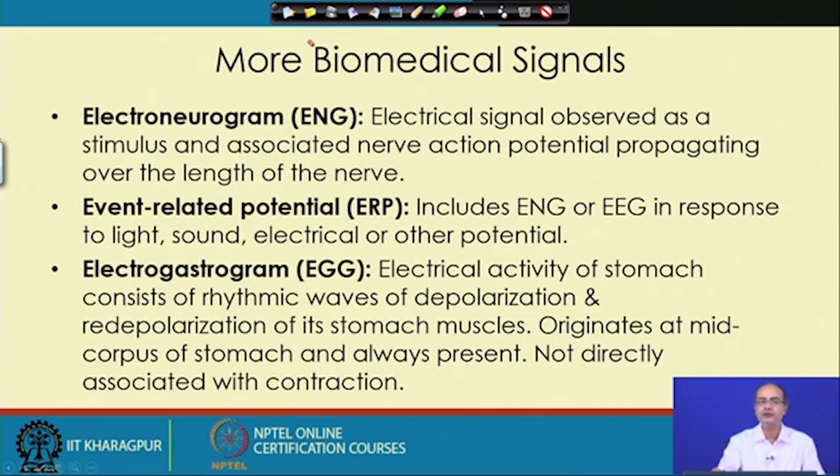For example, if some stimulus is given in the form of light or sound or some electrical signal or even touch, that can give rise to some change in the signal we are looking at, that is EEG or ENG. As it is evoked by or related to that particular event, we call it event related potential or ERP.